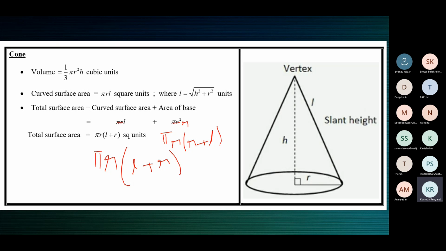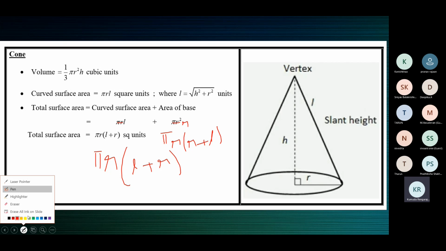That's all, children. So curved surface area, pi rl; total surface area, pi r into r plus L, or L plus r.